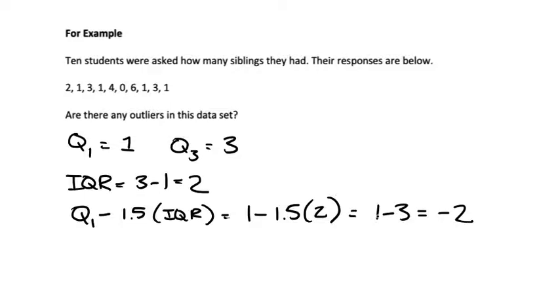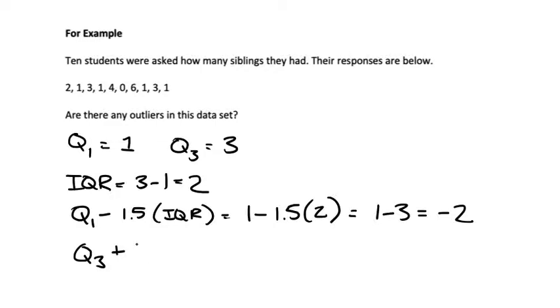That gives you a value of negative 2. So what this means is that anything less than negative 2 in my data set would be an outlier. Now that doesn't really make sense because it's not possible to have a negative number of siblings. So what that means is that there's not going to be any outliers on the left side or on the small side of the data. But let's see if there are any outliers on the big side.